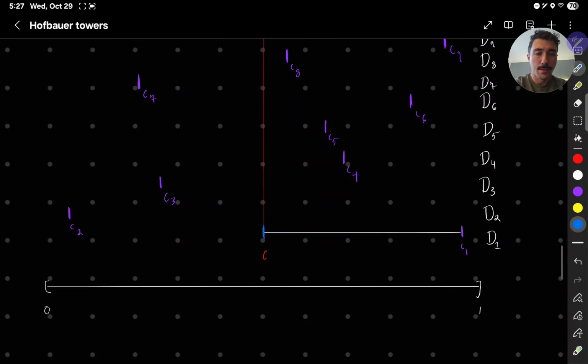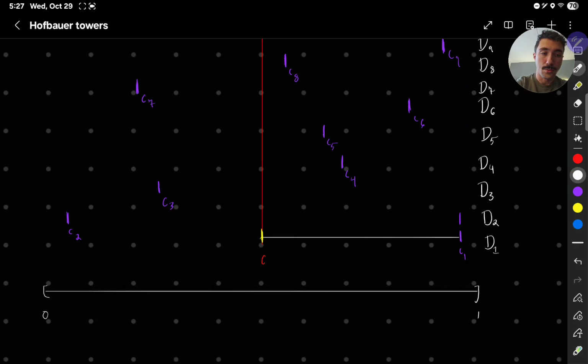Let's use yellow. These are all closed intervals. And I'm going to ask, is C in the interval? Is it in D1? Well, it is. It's precisely the endpoint. So whenever that happens, on the next level up at D2, I'm going to write C1.